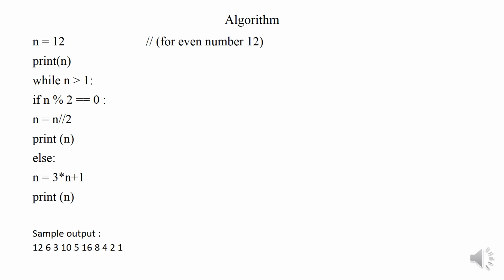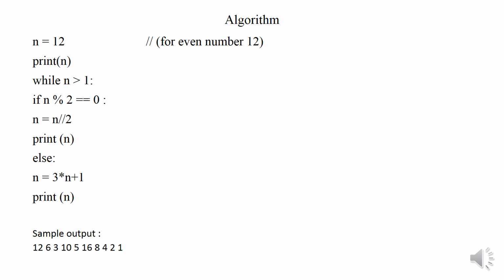We go again to the while loop. 10 is greater than 1. Yes. 10 is an even number. So remainder is 0. And 10 divided by 2, that is 5. 5 is the sample output. Again we check for the 5. 5 is greater than 1. Yes. 5 mod 2, the remainder is 1. So that is an odd number.